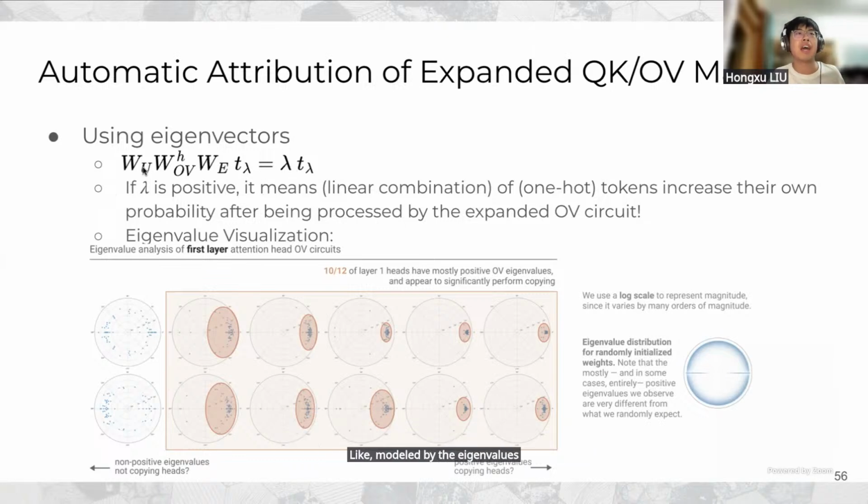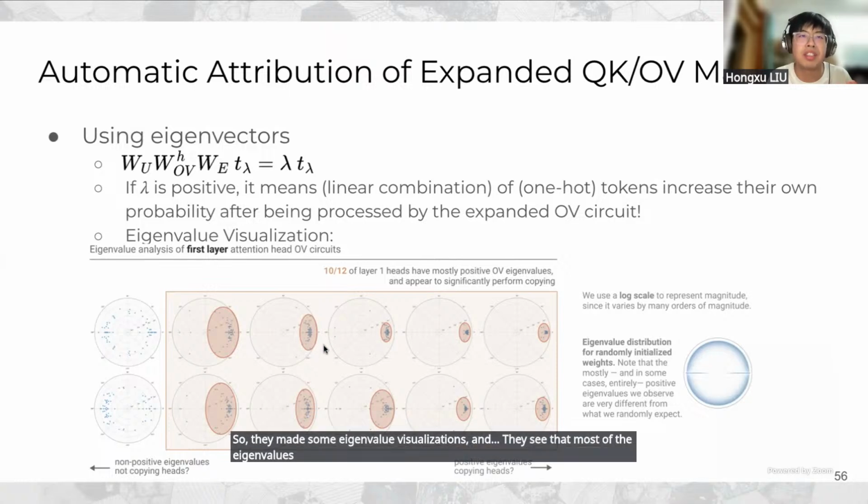If lambda is positive, it means that some linear combination of one-hot tokens increases their own probabilities after being processed by the OV circuits. So they made some eigenvalue visualizations, and they see that most of the eigenvalues are on the positive side, and most of them are real numbers.